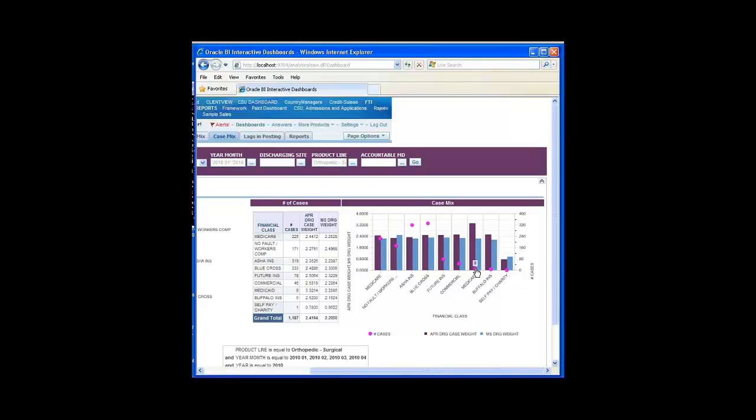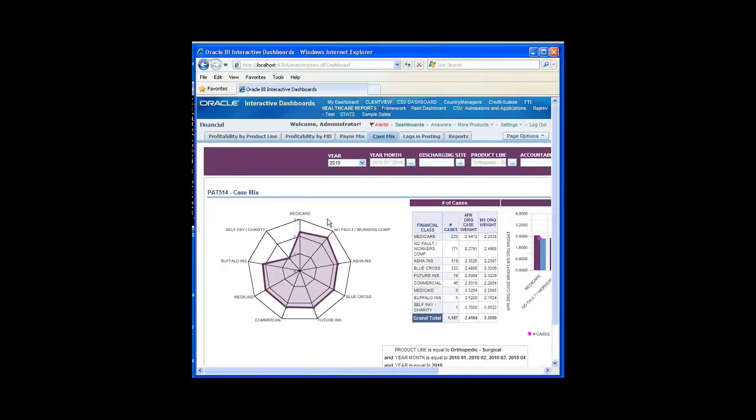But you can see from the pink dot that I only had 9 of those cases, which confirms what I saw on my other dashboard page. So not only do we look at the payer mix to determine how a particular product line is comprised, we also look at the case weight or the case mix because that naturally drives your reimbursement rate and thus your profitability per case. Any questions on that?